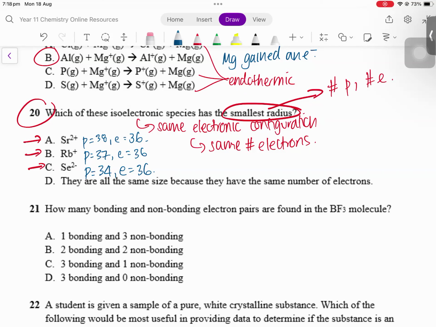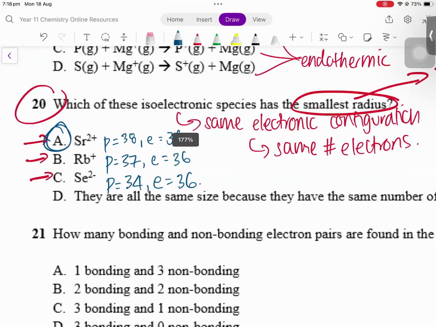Which one will have the smaller radius? Which one has the most power in the nucleus to pull your electrons in? It's going to be A because A is the one that has the most number of protons. They all have the same number of electrons.